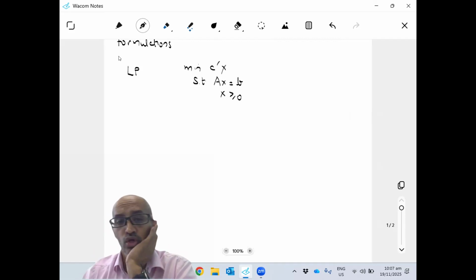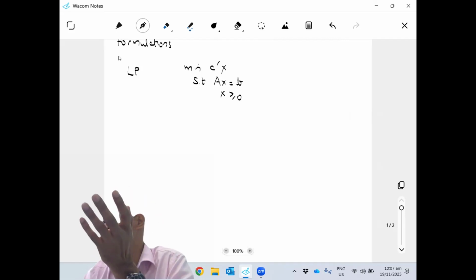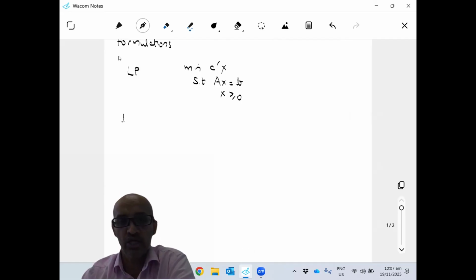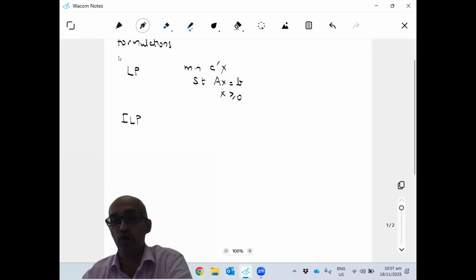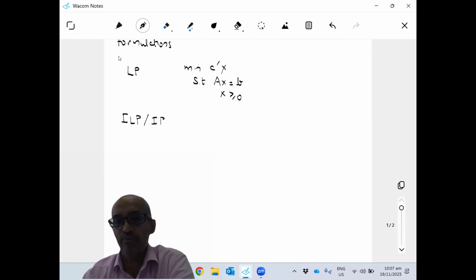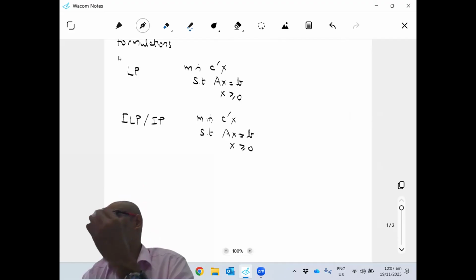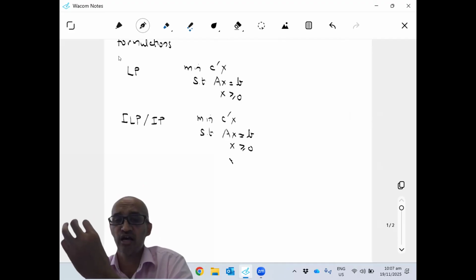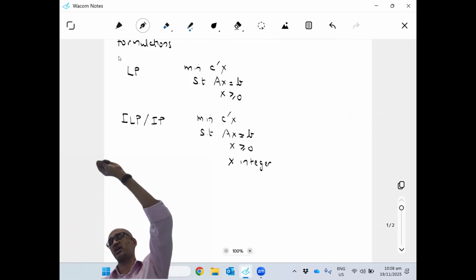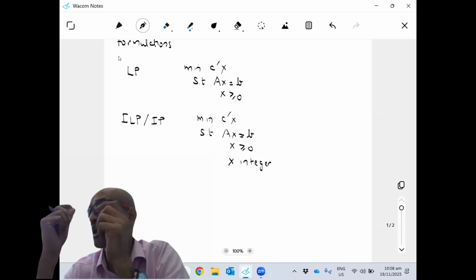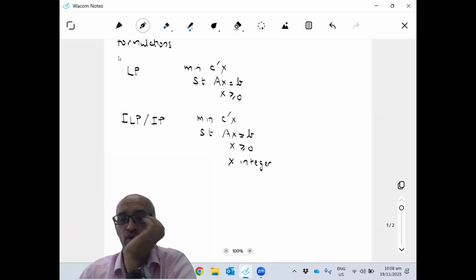The natural extension of this is what is called integer linear program, or in short, IP, integer programming, which is to minimize C transpose X subject to AX equal to B, X non-negative, and I put one additional constraint which says that X has to be integer valued. So you have a vector X, this has to be an integer vector. Basically, every coordinate has to be an integer entry. That's all. This one additional constraint.